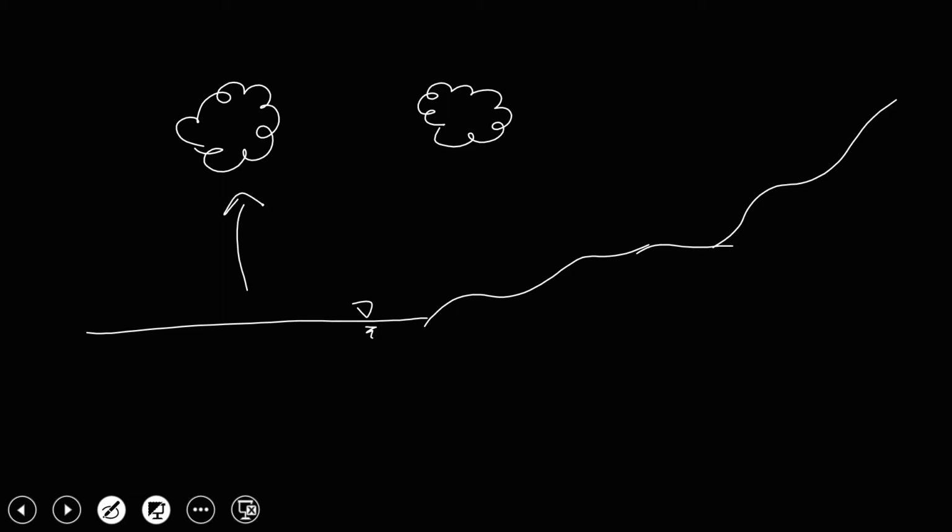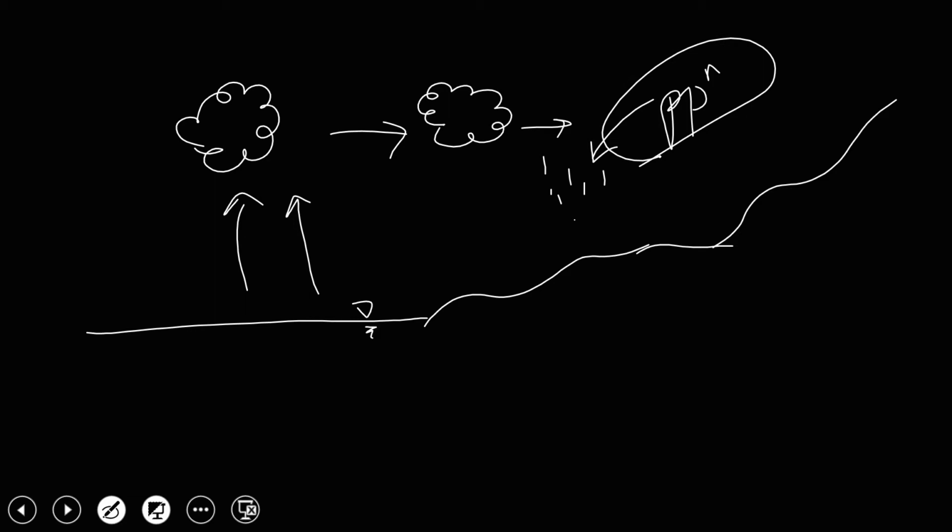Once the water evaporates from here, the clouds move towards the landward areas and water precipitates. Therefore, precipitation could be defined as one form through which water comes. Alright, so precipitation is one form in which water comes.